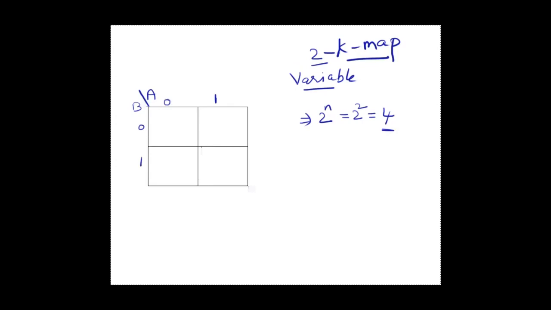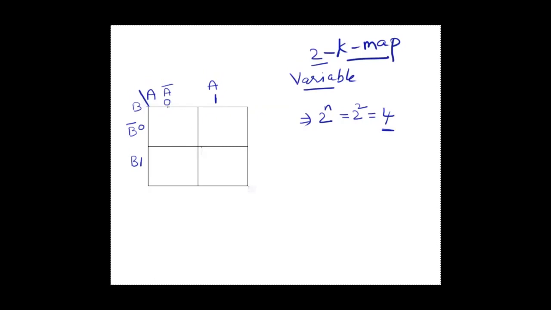That means I can also write this in terms of A bar, A and B bar, B. Anything is the same, whichever you feel easy you can represent in that way. Here A is one variable and B is one variable. Even if you replace A with B and B with A, that doesn't matter. Your orientation here is all that matters.